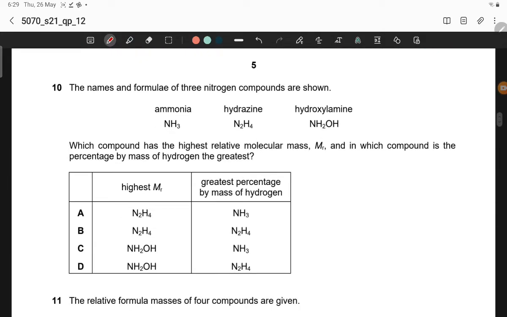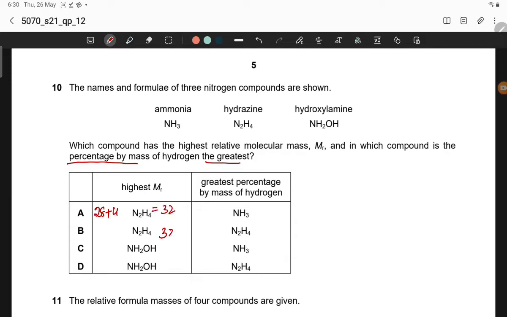The names and formulas of 3 nitrogen compounds are shown. Which compound has the highest relative molecular mass Mr, and in which compound is the percentage by mass of hydrogen the greatest? Mr of N2H4 is 28 plus 4, which is 32.